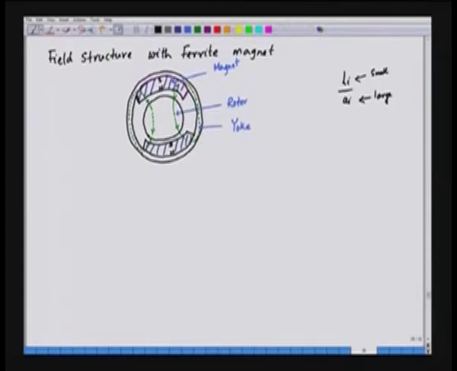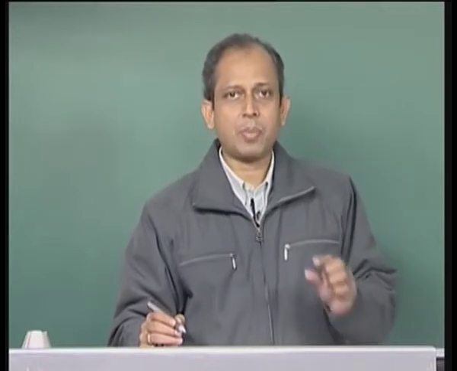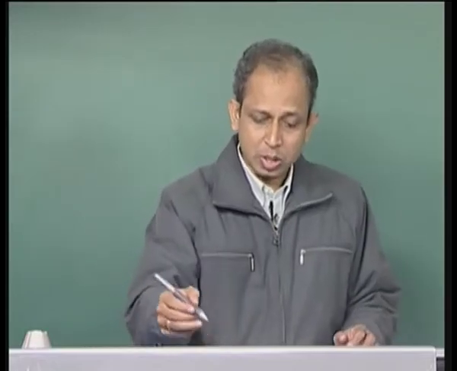This is the arrangement with the ferrite magnet. This is Li, the length, which is small, and the width is considerably large. This is the width of the magnet, Wi, and hence we will have a large cross sectional area. So, we have a thin magnet with large cross sectional area, which is the requirement of a ferrite magnet, and this is for a two pole structure.